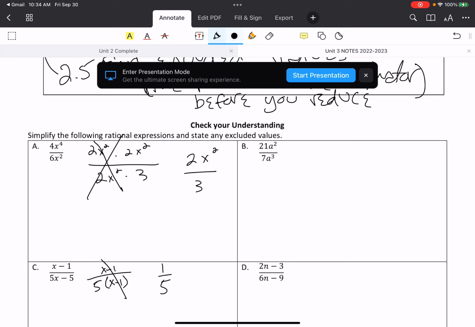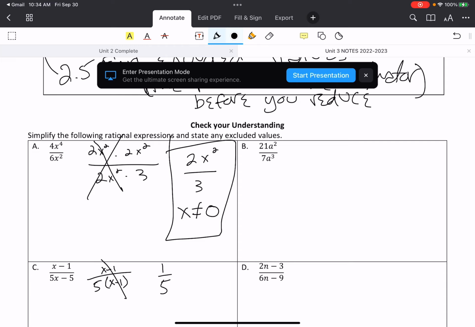What's the zero of x squared? What number do I plug in for x to get zero out? 0. So x cannot be zero.